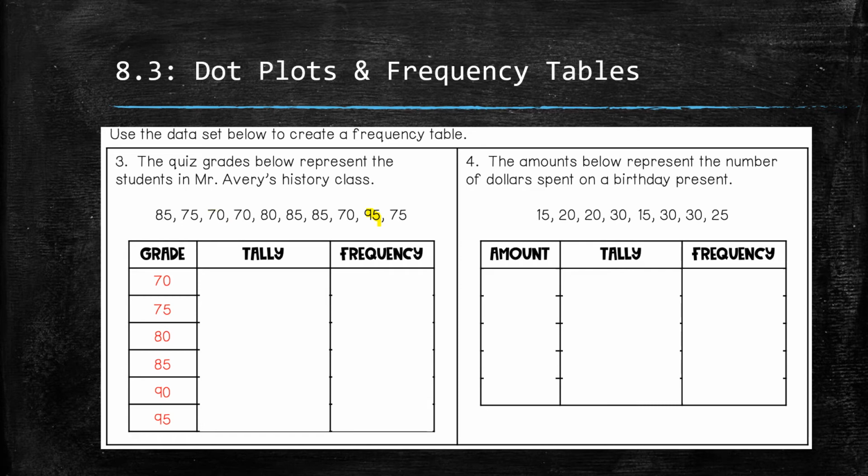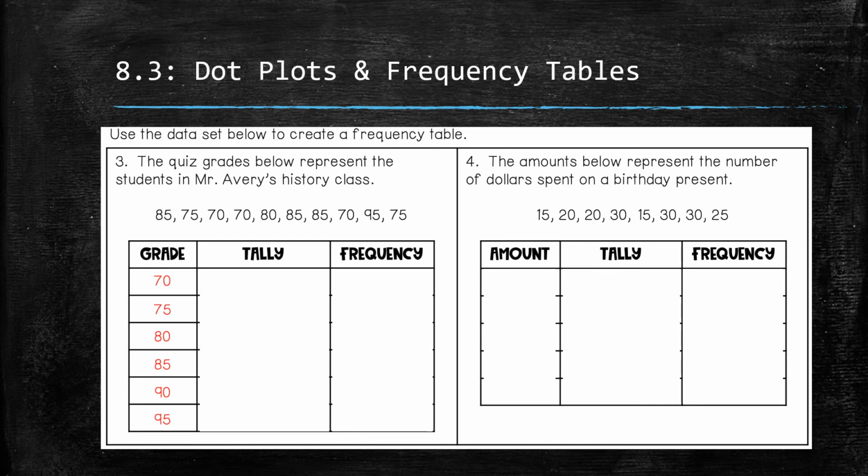Now I can go ahead and put tally marks for each grade. And you might think, oh, well, that's not that small. I can just easily count them. But think about me when I have over 120 students and I'm looking at a bunch of test grades. Tally marks make a lot of sense to just do that and then add them up.